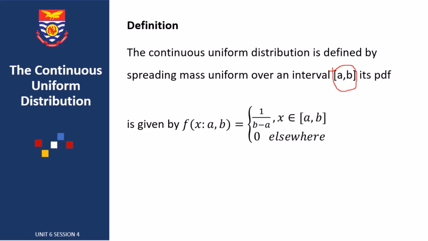Its PDF, probability density function, is given by f(x; a, b) equal to 1 over b minus a, where x belongs to the closed interval [a, b], and 0 elsewhere. You get it? Please pay attention: the function is 1 over b minus a, where x belongs to the closed interval [a, b].